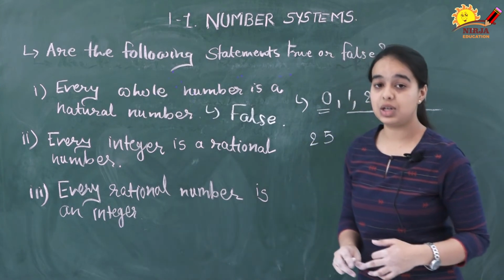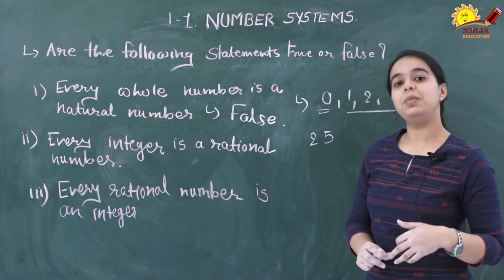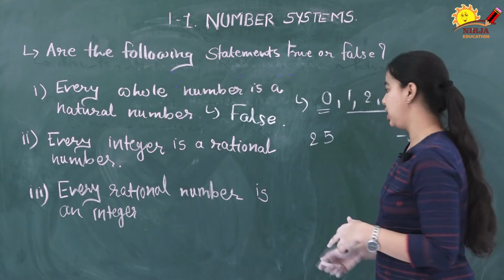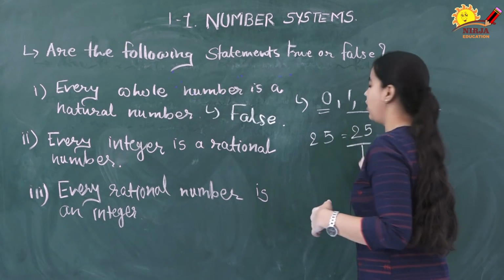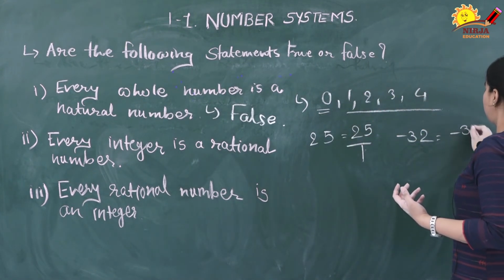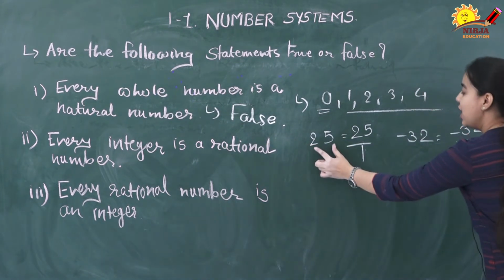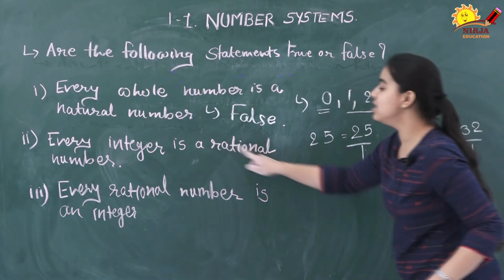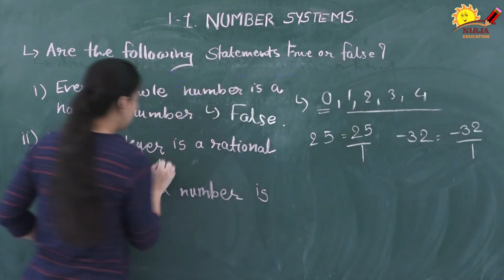A number is called rational if it can be written in the form of p by q. So I can write 25 in the form of p by q. Yes, 25 by 1, the denominator I have written as 1 without changing the number. So this statement is true. Every integer is a rational number.